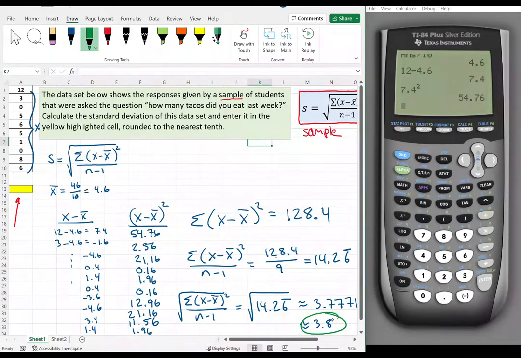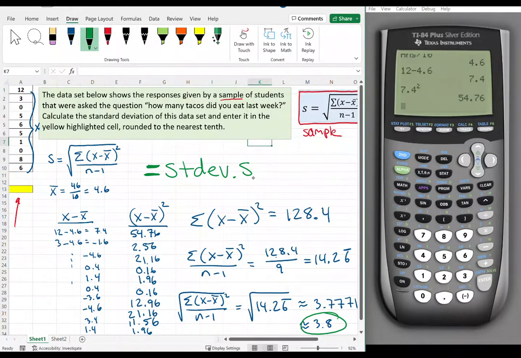Okay, so you can see this is a very small set, 10 numbers, so we get a standard deviation of 3.8. Now, what I want to do is show you how to do this on Excel. So our Excel function for the sample standard deviation is equal STDEV, that's standard deviation, dot S. The dot S is telling Excel, I want the sample version, not the population version.